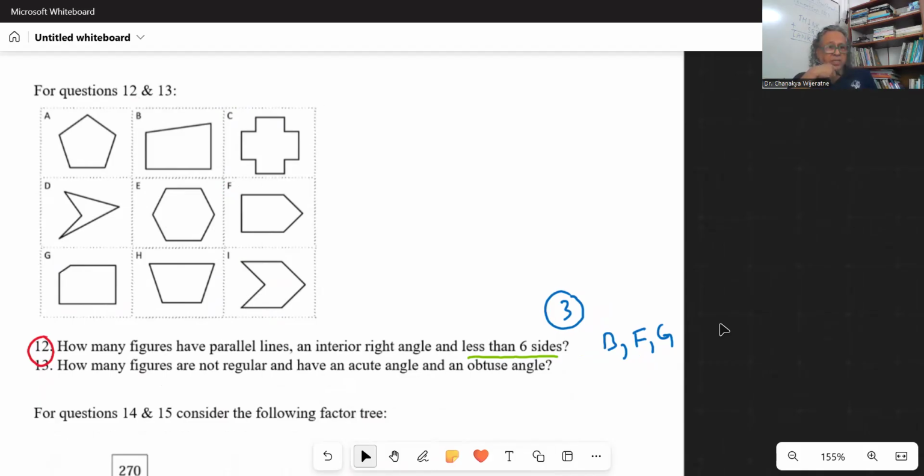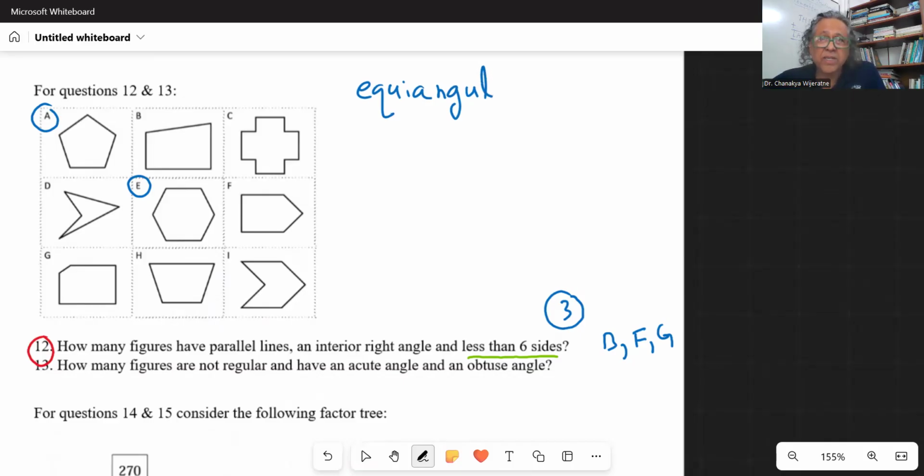So in number 13, not regular. E is a regular pentagon, and A is a regular hexagon. All the others are not regular. Regular means that the interior angles are the same, so equiangular. These terms you need to learn because you will be going into higher grades.